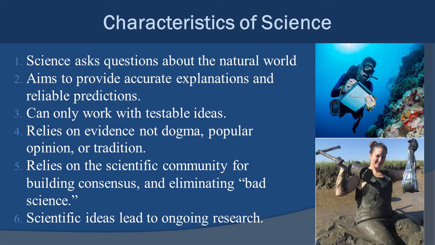They can only work with testable ideas. So things that we can't actually get data on, we can't actually test, really doesn't fall on the line of science. It relies on evidence, not dogma, popular opinion, or tradition.